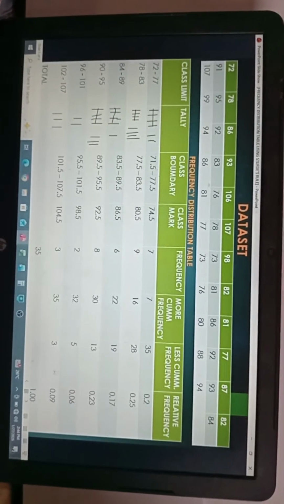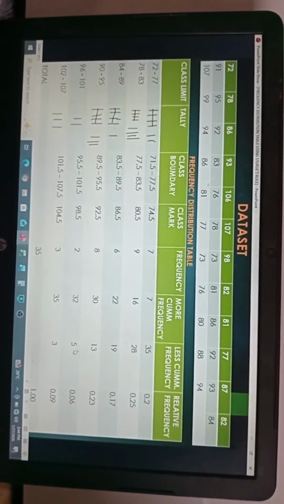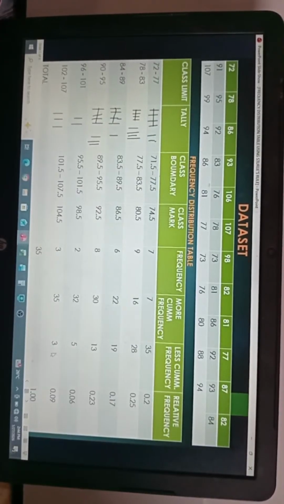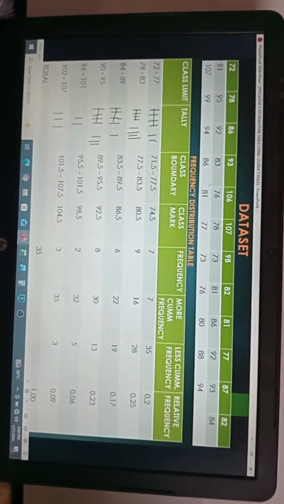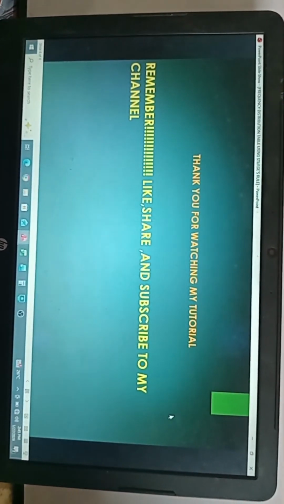The less than frequency, we calculate from the bottom, adding from the bottom to the top. That is 3, we repeat it here. 3 plus 2, 5. 5 plus 8, 13. 13 plus 6, 19. 19 plus 9, 28. 28 plus 7, 35.